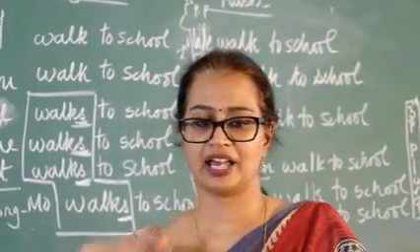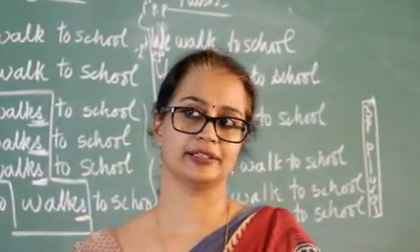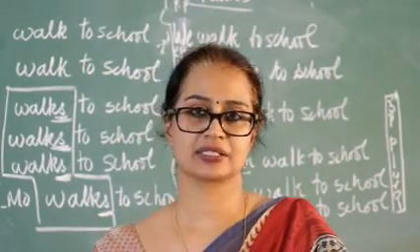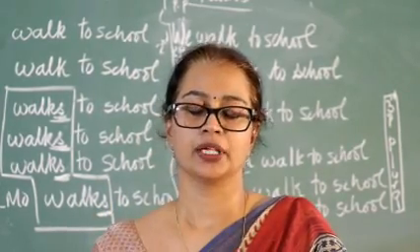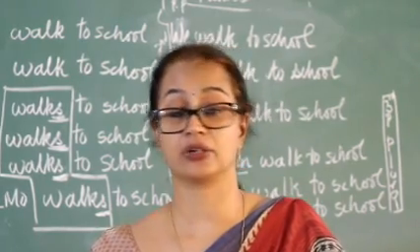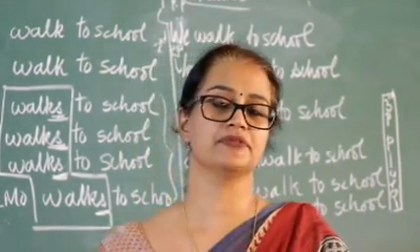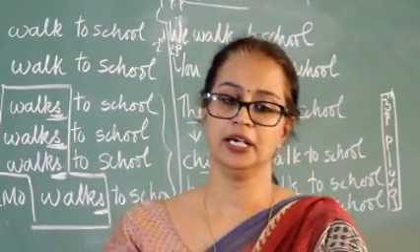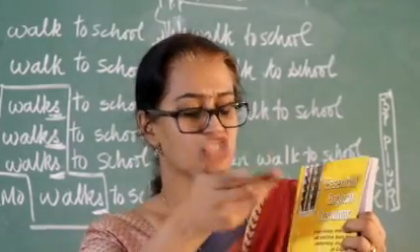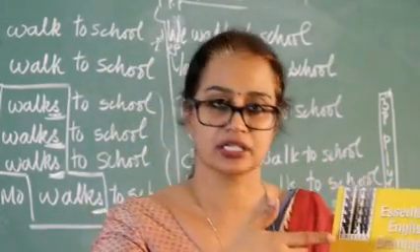To simmer it down, it's always nice to get books that have pictures. Even Wren and Martin have changed their old pattern. They have made Wren and Martin more colorful, but still it's a very serious tone. Of course, you have to follow Wren and Martin and also Raymond Murphy. Raymond Murphy is the book that has been prescribed to you. It comes in essential, intermediate and advanced grammar.